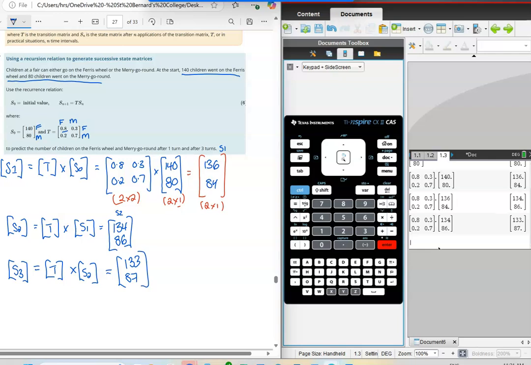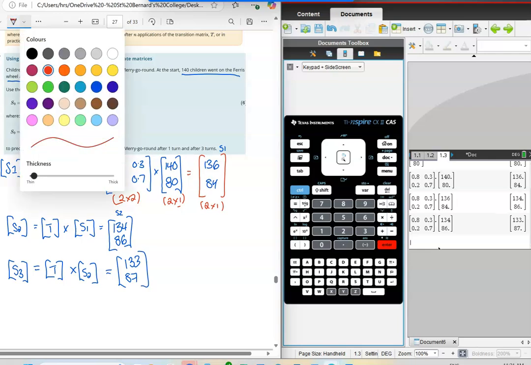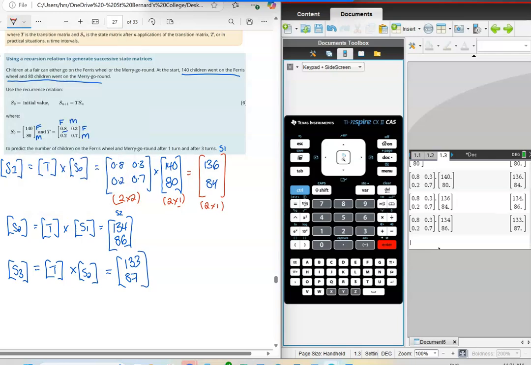Now we have to remember to make sure we answer the question. So the top number was Ferris wheel, this was merry-go-round.